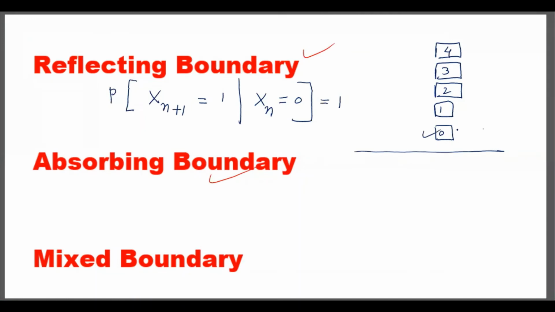Whenever you go to 0, just tell me, I will give you 1. So immediately I will reflect back to 1 and I will start playing. If I win, again I will go 2, 3, 4, 5, that way. If I lose and come back to 1, my big brother is there and he will say, never mind, you come back to 1, I am there to supply 1. So always I will reflect to 1 whenever I go to 0.